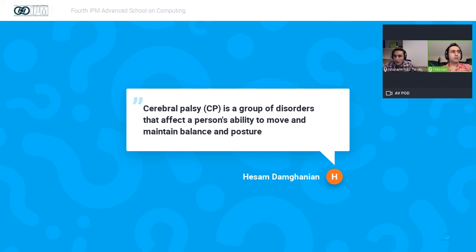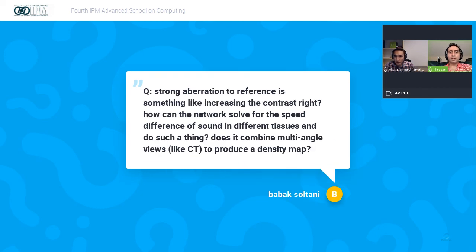Yeah, so ultrasound simulations only simulate linear acoustics, and nonlinear acoustics is very important. In fact, we use nonlinear acoustics for some applications.